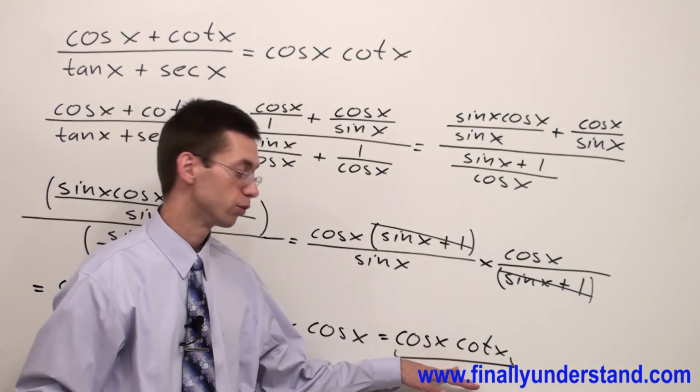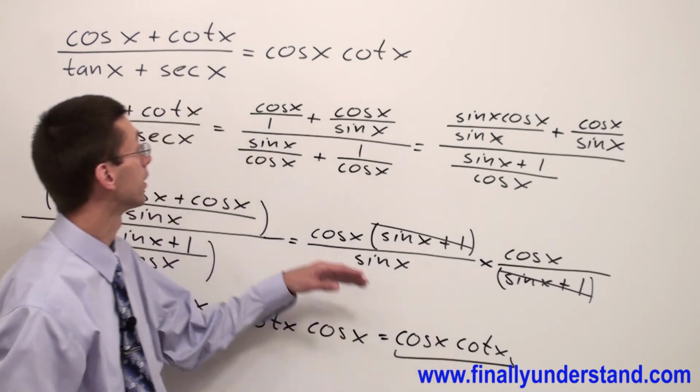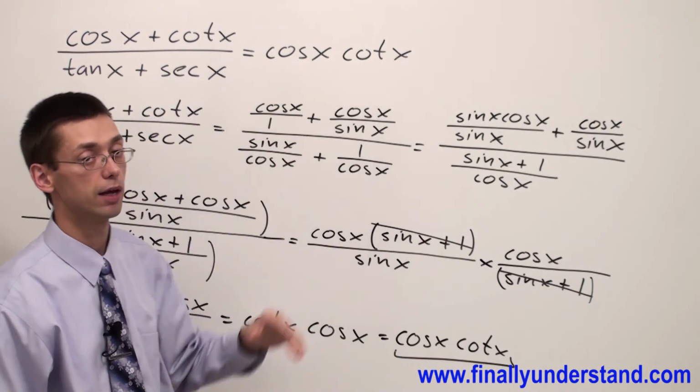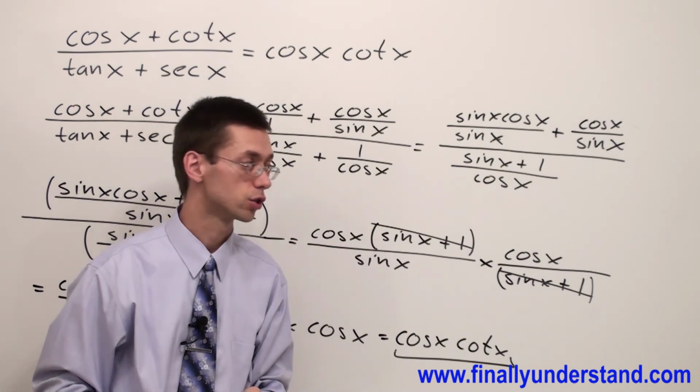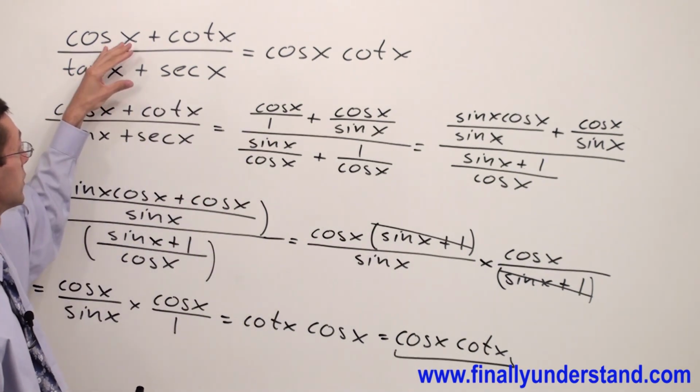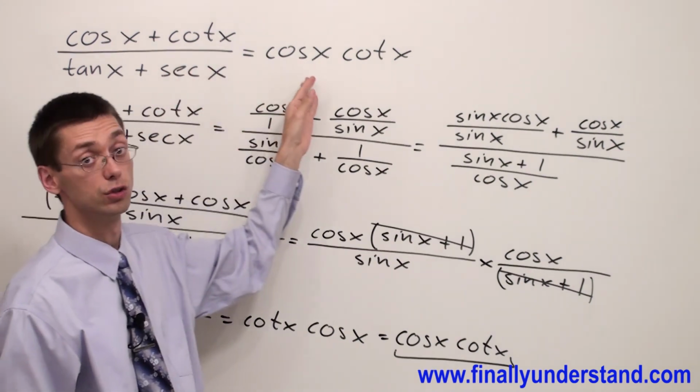The expression which we have obtained is exactly the same as what we have on the right side of our original identity. So it means that the left side is equal to the right side.